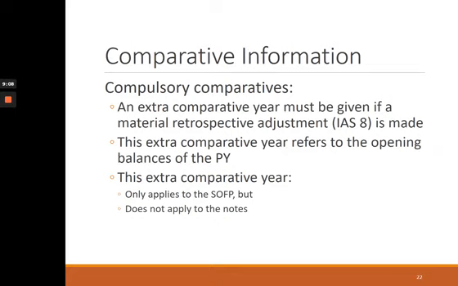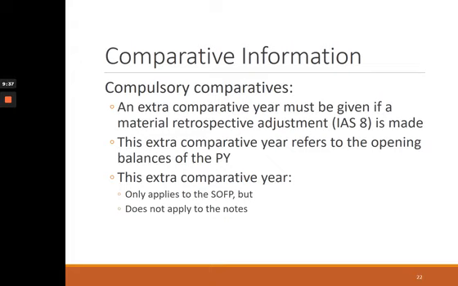Compulsory comparatives. An extra comparative year must be given if there has been a retrospective adjustment in terms of IAS 8. So IAS 8 is a statement that you are going to cover later on, and I would like you to revisit the slide when we cover that particular topic. For the purposes of Accounting 211, you do not need to study IAS 8.